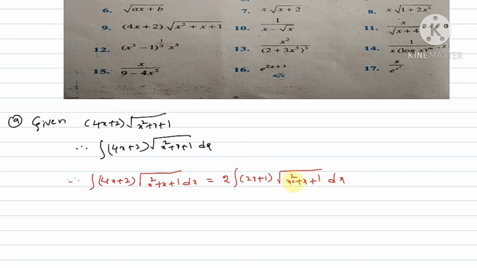Take this value as t. Let x square plus x plus 1 equal t. The derivative is (2x plus 1) dx equal to dt. Now substitute here: 2 into the integral, (2x plus 1) dx is dt, and under root is t, so root t into dt.